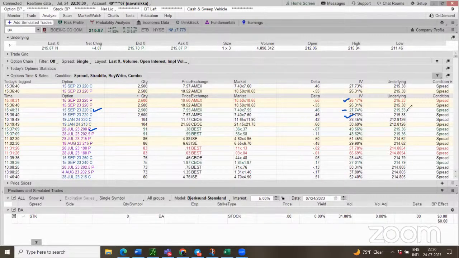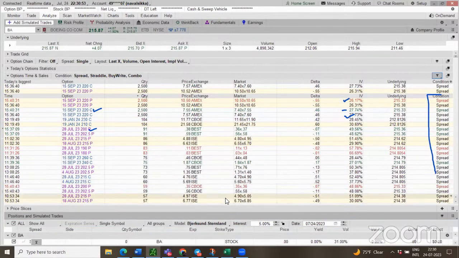You can use this information, and there are conditions which are listed here. So if you're looking at any of those conditions, you will get them. The data which is available in any of the option flow tools is also available here, and you can use this data very clearly, very easily, if you just spend a few more minutes on this.